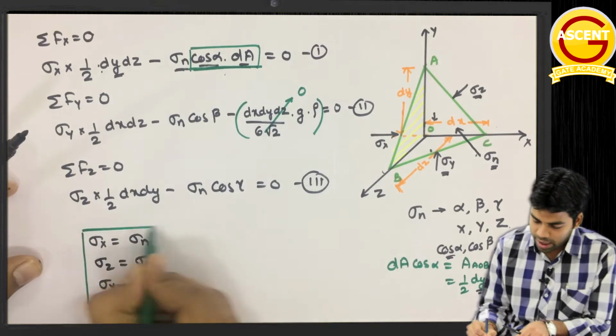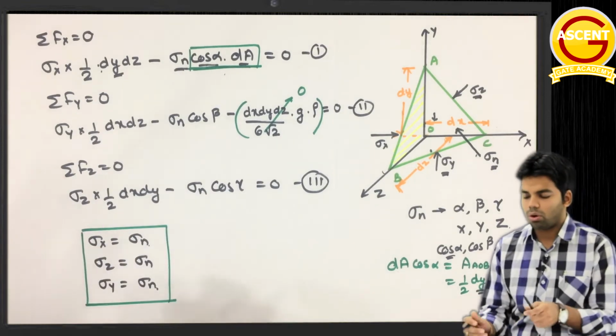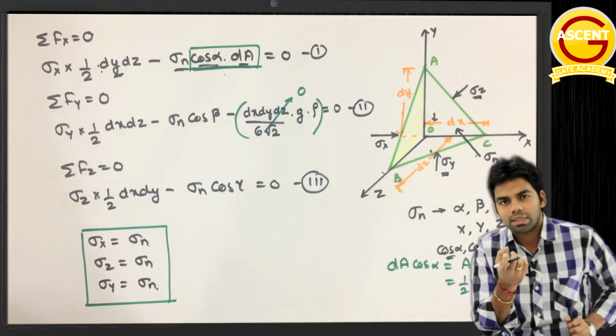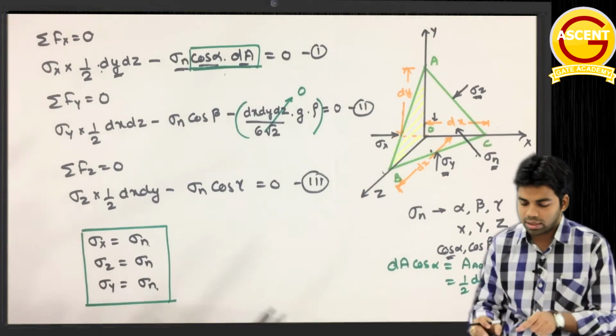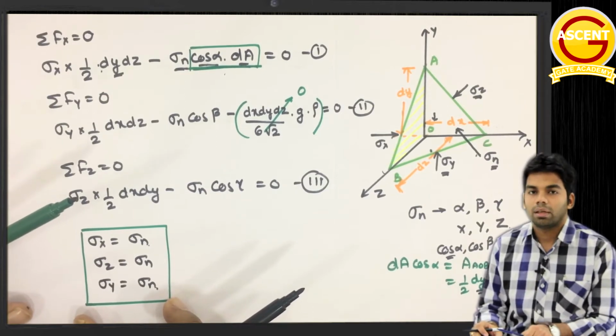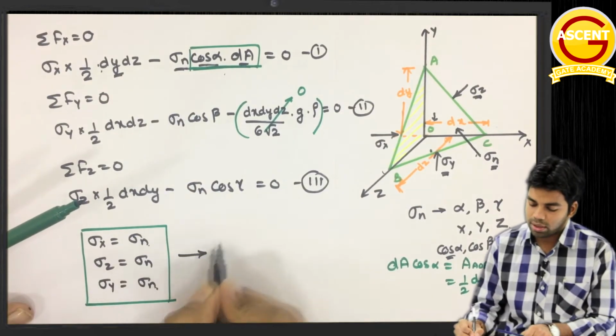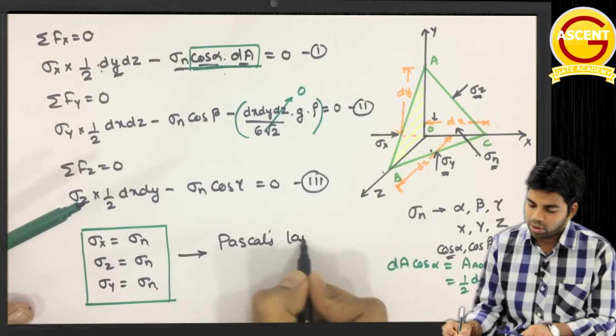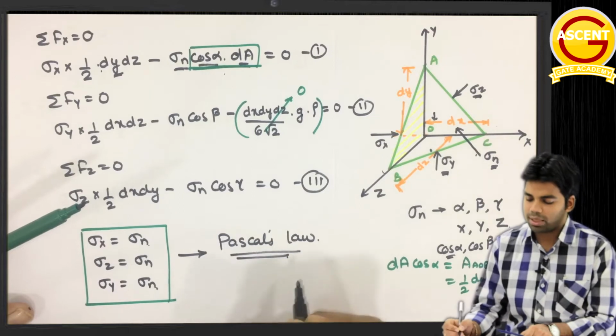The stresses acting on all the planes, from all the directions, on a fluid element inside a fluid at rest are the same, and this law is nothing but Pascal's law, discovered by Blaise Pascal.